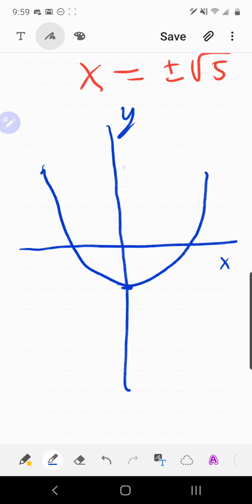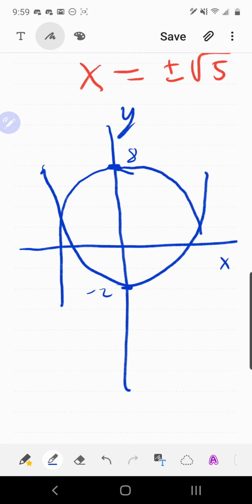And another one with an intercept of, yeah, negative 2, then positive 8. All right. So we have 2 points of intersect, one here and one here. Those values are the minus radical 5 and plus radical 5.